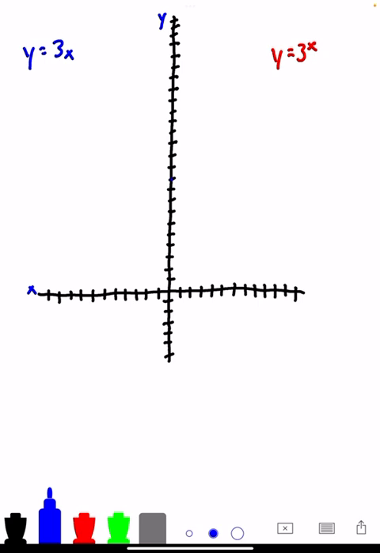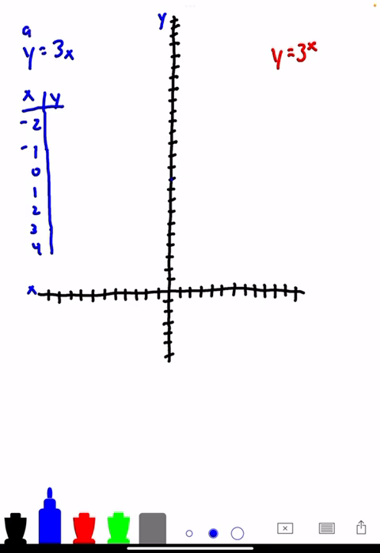So I'm going to put a few numbers in here. Let's start off with negative 2. Let's go negative 2, negative 1, 0, 1, 2, 3. Just to give an example, let's go 4. This is algebraic.